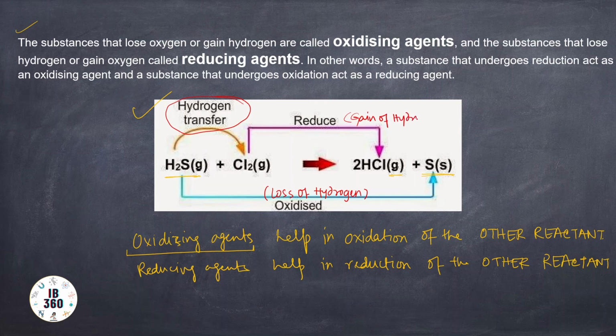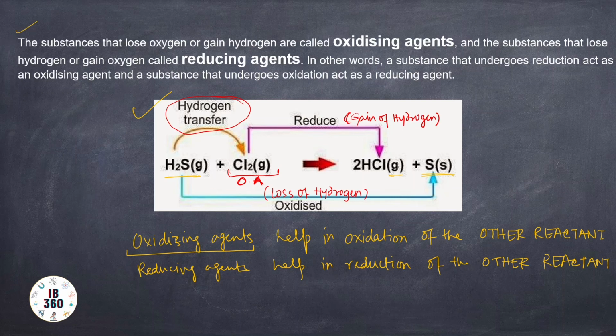So here chlorine is helping in oxidizing sulfur by accepting hydrogen. It is itself taking the risk and saving the life of someone else, something like this. So chlorine is our oxidizing agent, OA, because chlorine is accepting hydrogen and in turn helping in the oxidation of H2S to S, hydrogen sulfide to sulfur.